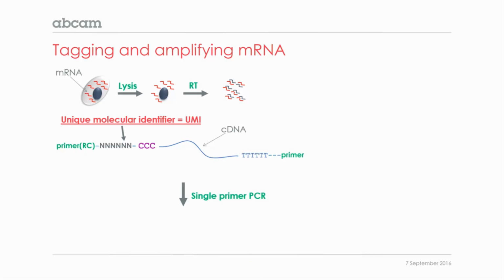Basically, we can use a single primer PCR, because this primer and this primer have the same sequence, and amplify this material, which again, remember, is a single cell pool of RNA molecules or copies of the RNA molecules, into a large amount of material that we call the single cell cDNA library. And this is the amplified material.